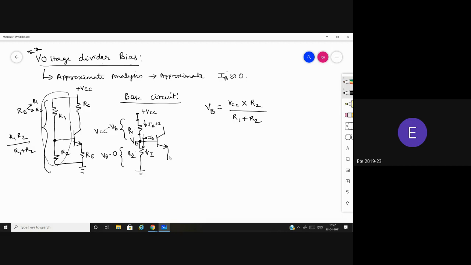This is how we overcome the problem we had in our previous case. Now the next part is applying KVL to the output circuit.